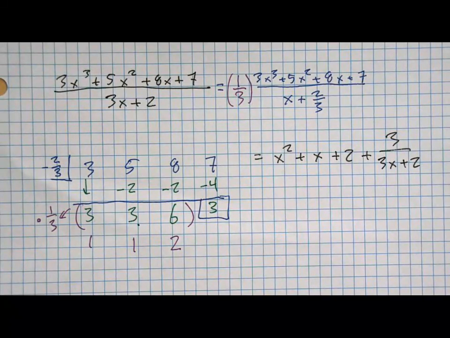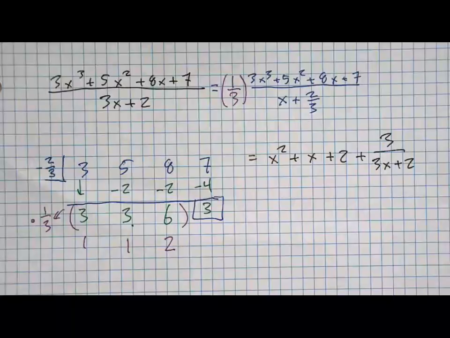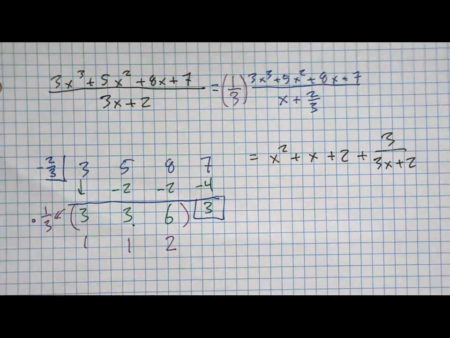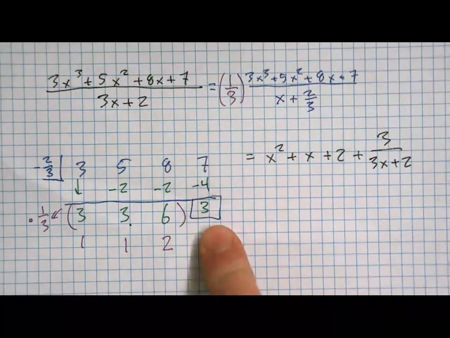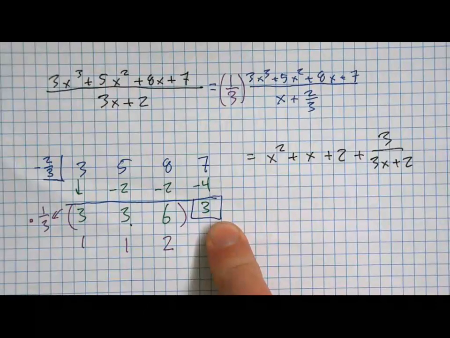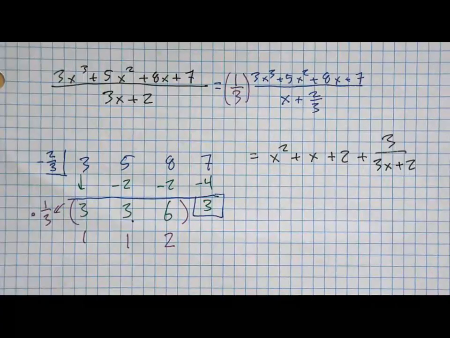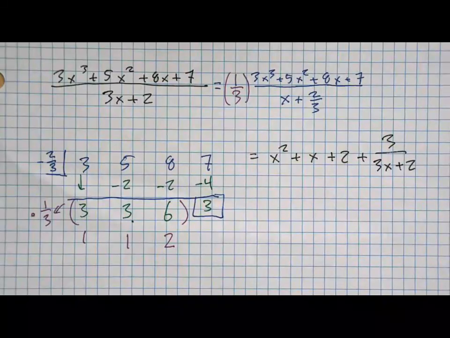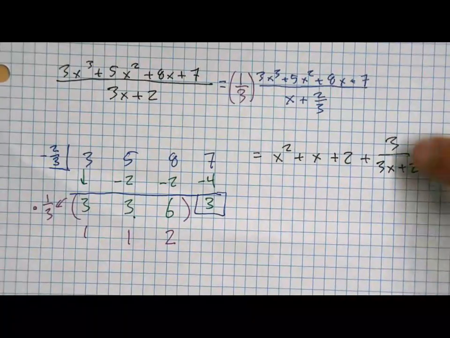Because we haven't divided the remainder. Yeah, the remainder, what's left is what's left over. It's not getting divided. Yeah, that's it. The remainder is what's left over. So we don't divide the remainder because the remainder is getting divided over here.